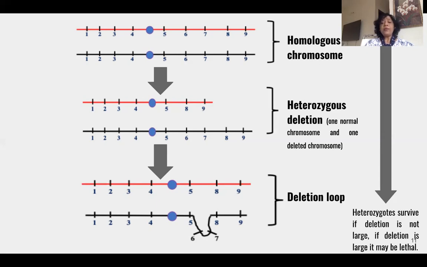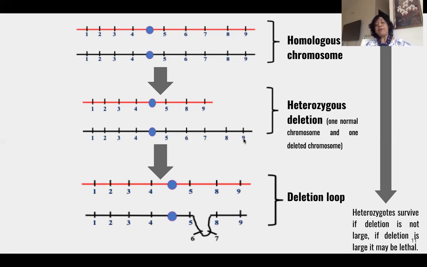Now synapsis has taken place. At the time of chromosome pairing, it will not pair completely, because up to 5 it is matching. But afterwards, you have gene 8 over here against gene 6, and 7 against 9, whereas 8 and 9 are over here.